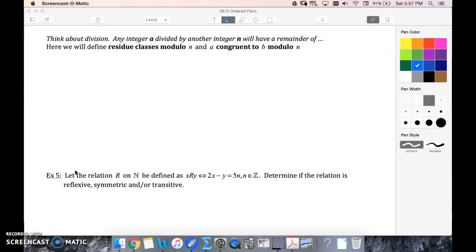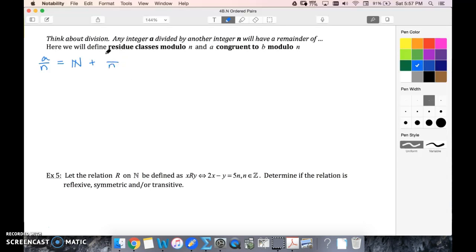Right, let's keep thinking about division here. If I think about dividing by 3, any number that you divide by 3 either divides out perfectly and has a remainder of 0, or you're going to have a remainder of 1 or 2. So any integer a divided by n is going to equal some natural number plus some remainder out of n.